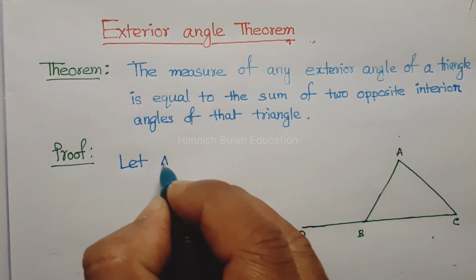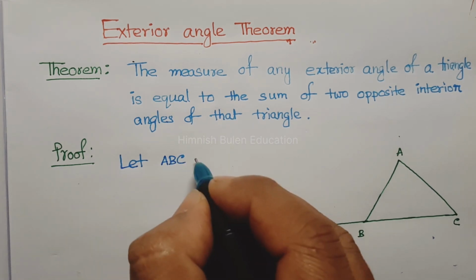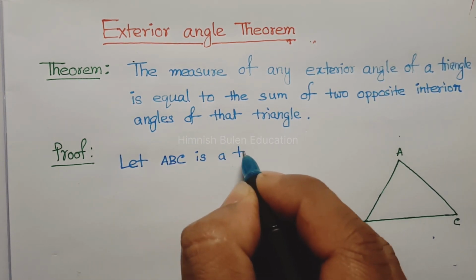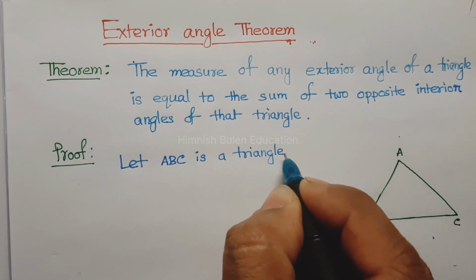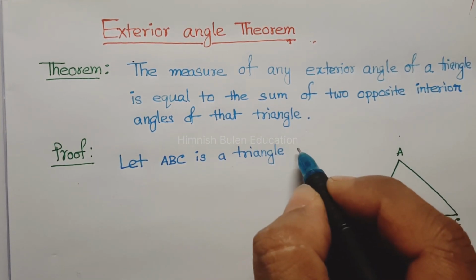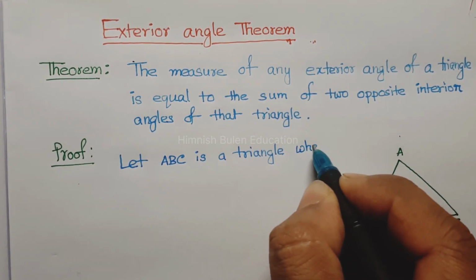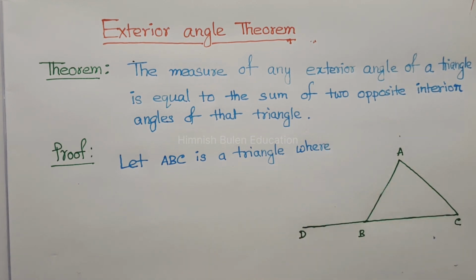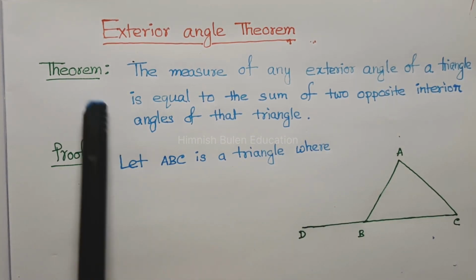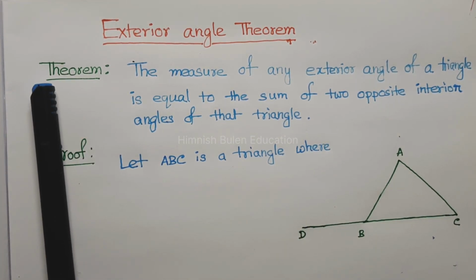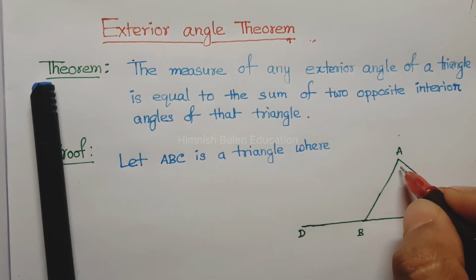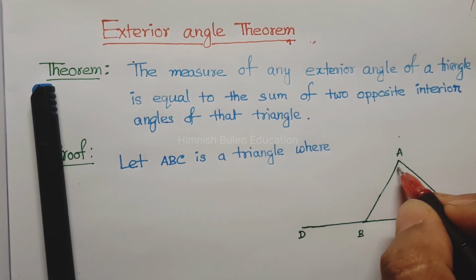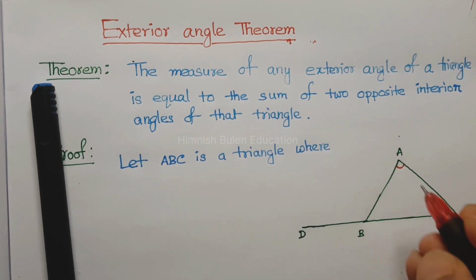Let ABC be a triangle where, so let's name the angles of the triangle.